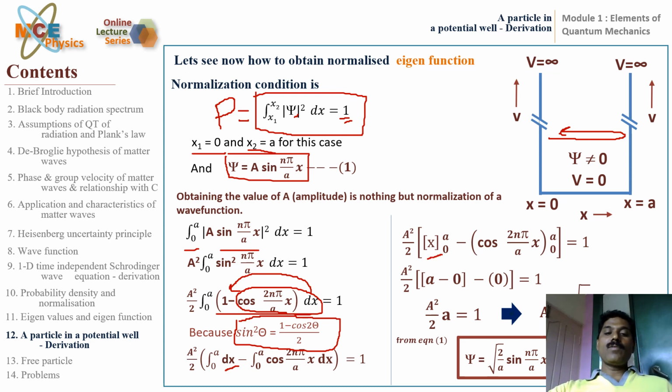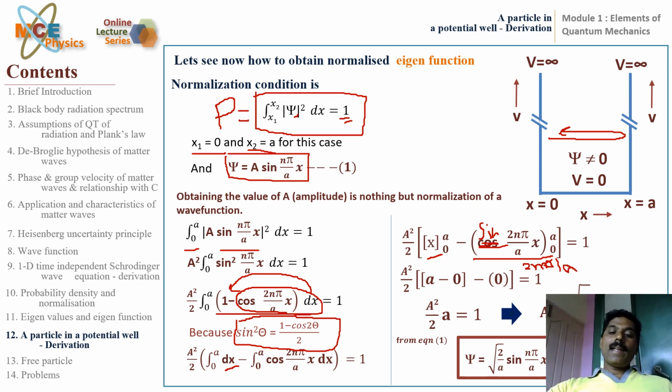Integration of dx gives you x, and integration of cosine function gives you sine function, sin 2n pi x by a, divided by the integration of 2n pi x by a, which gives you 2n pi divided by a.